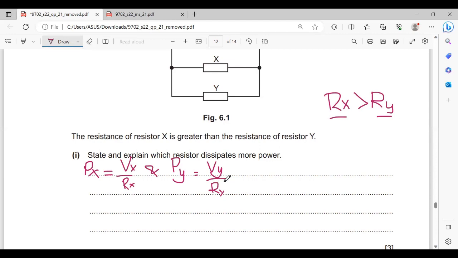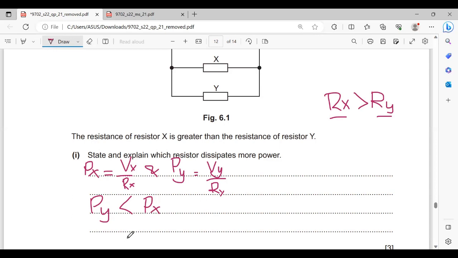If this denominator Ry is less than this denominator Rx, the implication is that Py, the power of Y, is greater than power X.